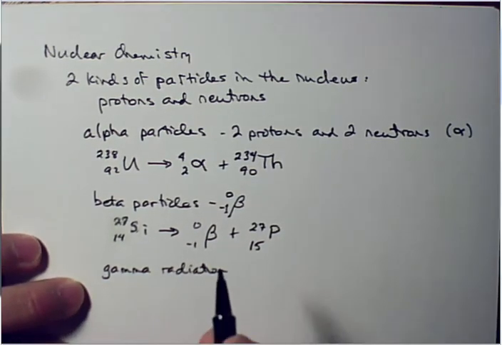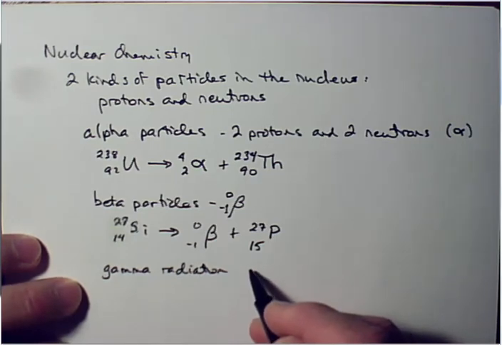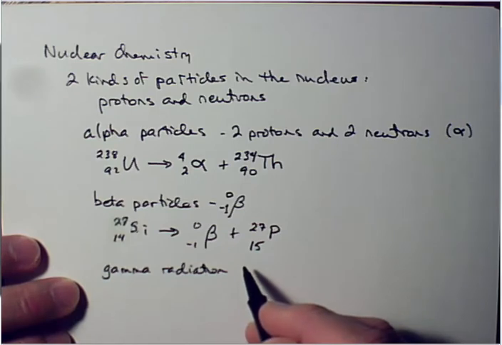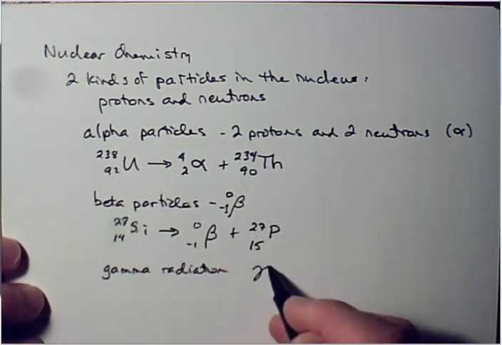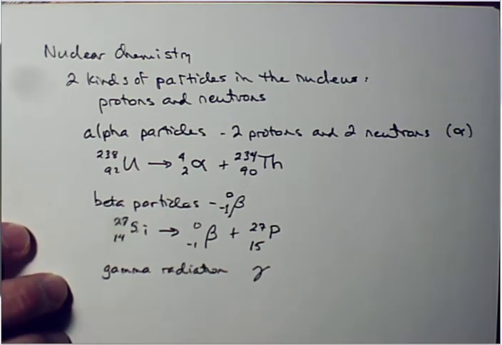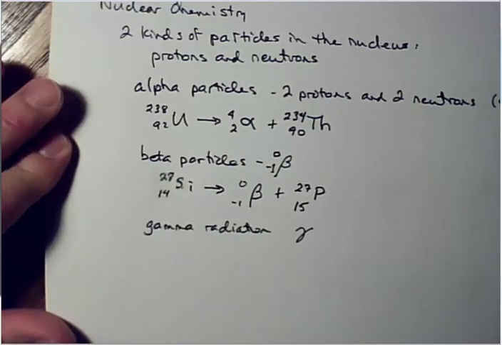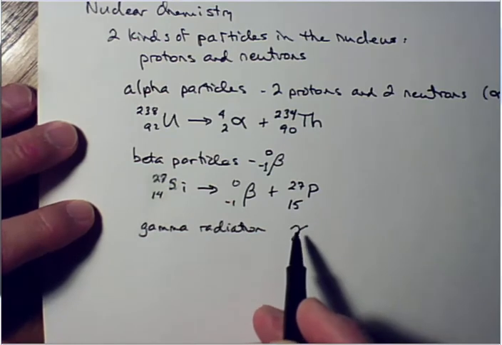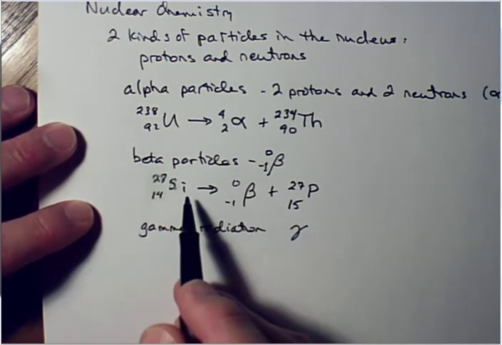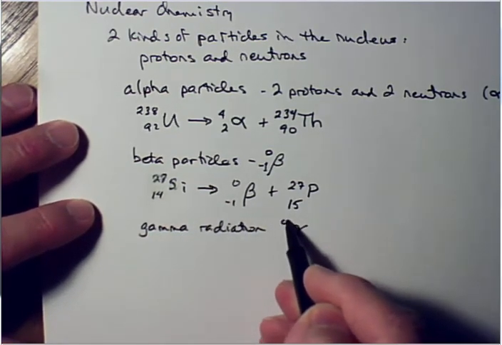Now, the symbol for gamma is like a script letter L that you spin 180 degrees. There's gamma. Now, if we have gamma radiation, you talk about electrons' mass being small.